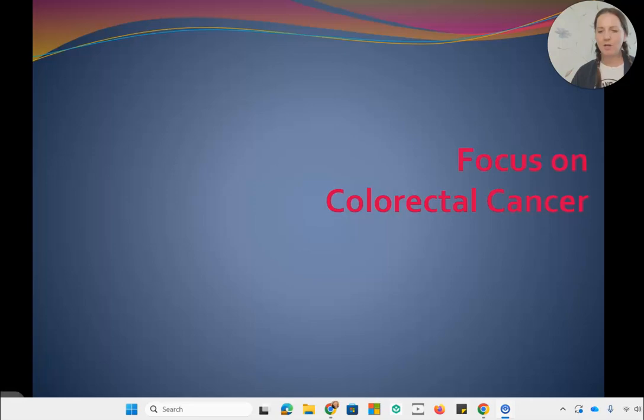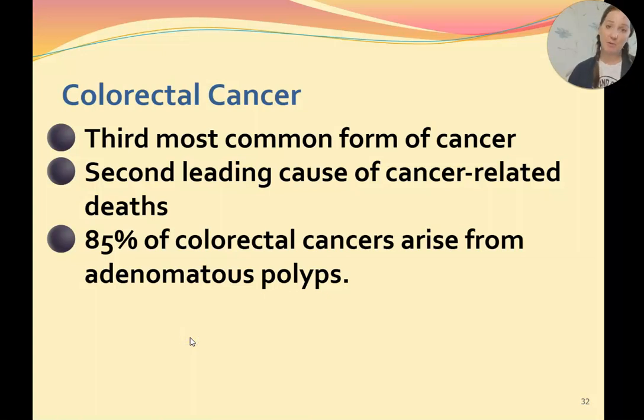Okay, so focus on colorectal cancer. This is the third most common form of cancer, second leading cause of cancer-related death. The first and most common cancer that leads to death, does anybody know? Lung. 85% of colorectal cancers arise from adenomatous polyps.